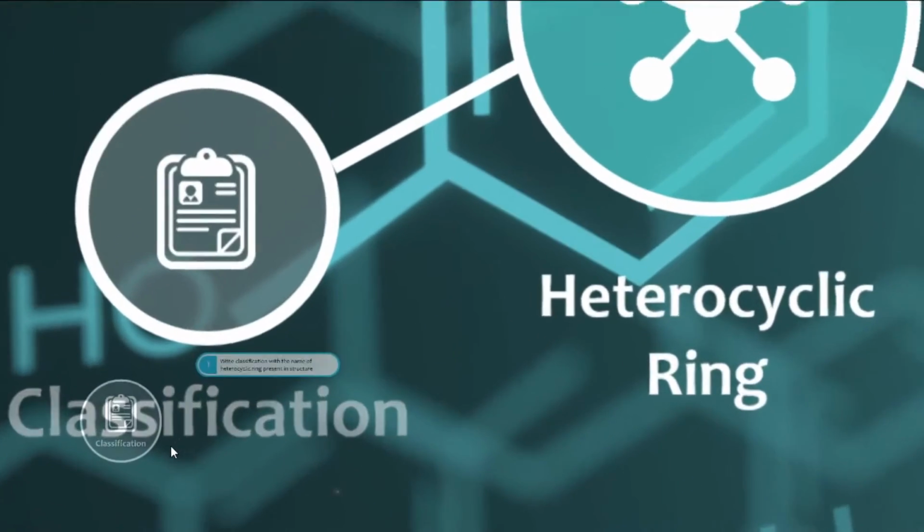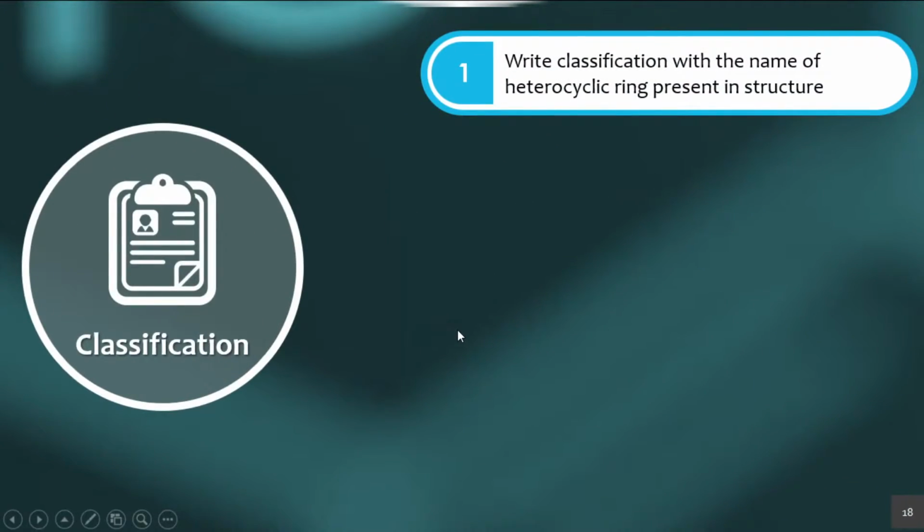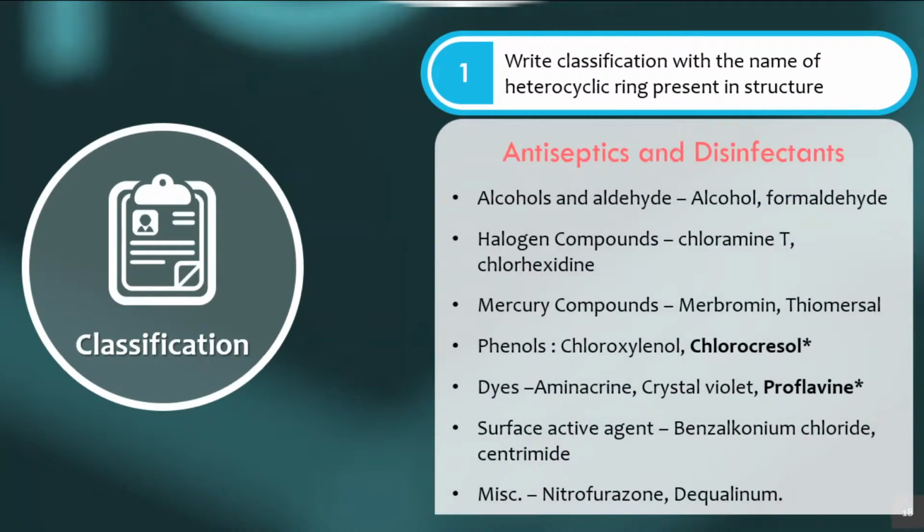You have to write down the classification in this manner, which I have given below. You have to write down the classification with the name of the heterocyclic ring present in their structures. Suppose this is the example of classification of antiseptic and disinfectant.